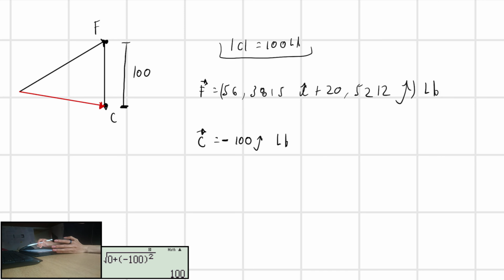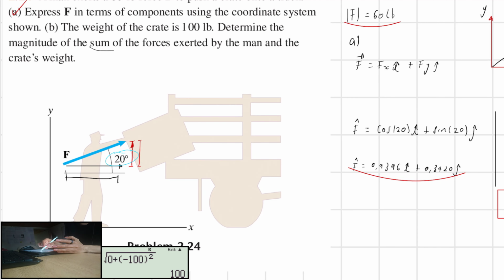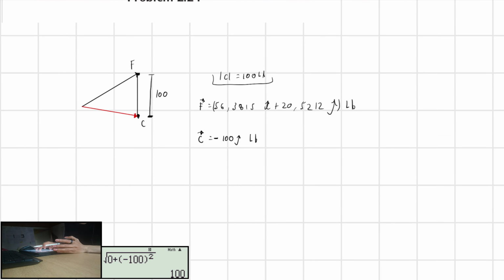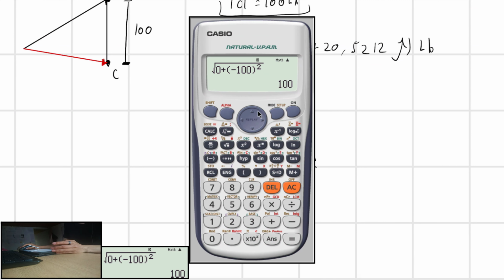So at the end, all I have to do is to find the sum of the forces. So all I have to do is to say, okay, F plus C is going to be equal to what? 56.3815 along the i direction. Let me look for this number, right?